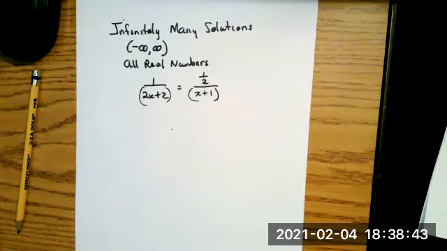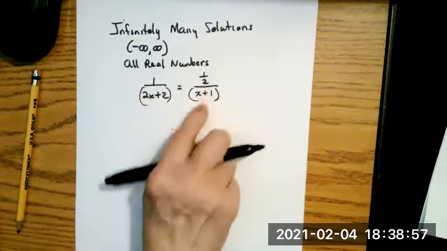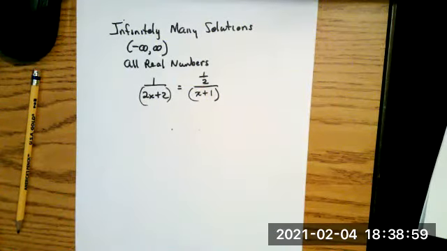Or there's another way I can do these kinds of problems that some of you might remember from way back, called cross multiplying. If you have one thing on this side and one thing on this side, you can cross multiply across the equation. Does anybody remember that?